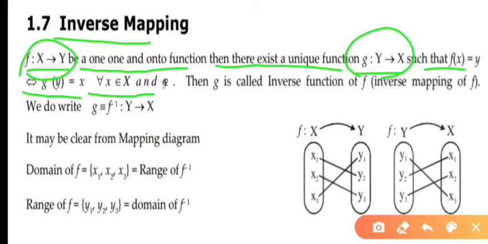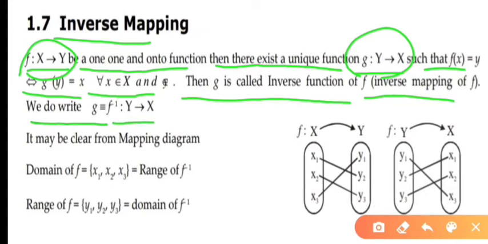Then g is called the inverse function of f, in brackets the inverse mapping of f. We write it as g equals f inverse, from y to x.